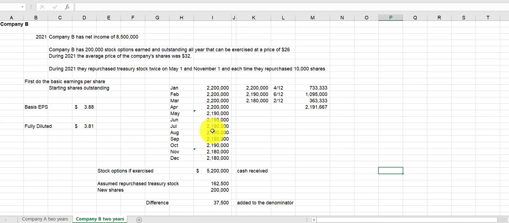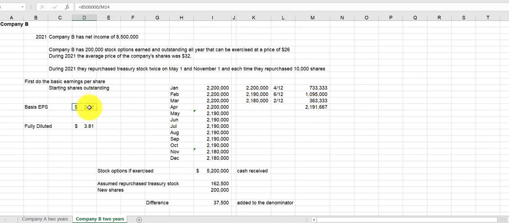And then it went down by 10,000 from May through October, and then another 10,000 for the last 2 months of the year. So each of these amounts is multiplied by the part of the year that it applies. Multiply and then add them up, and we get a weighted average shares outstanding of 2,101,667.